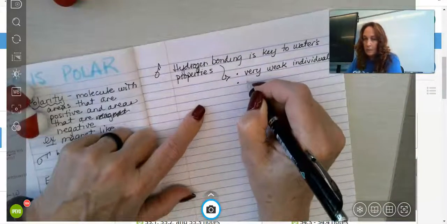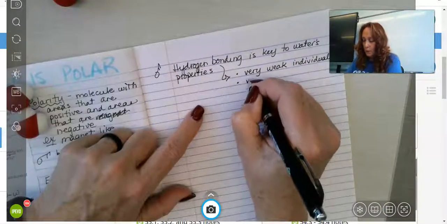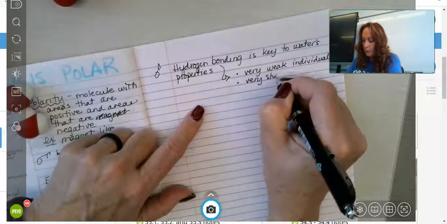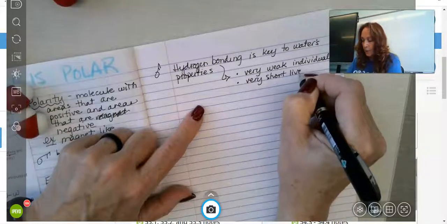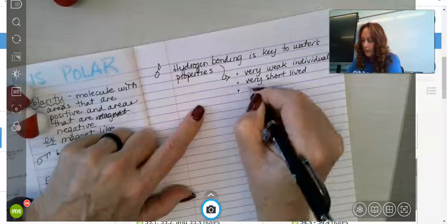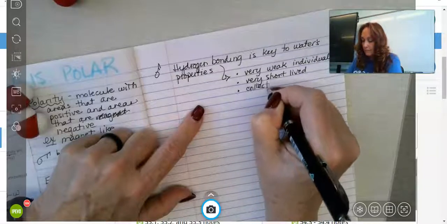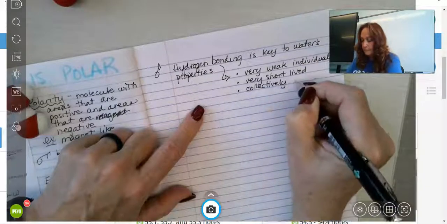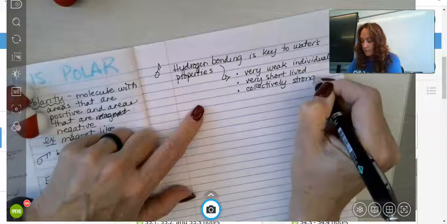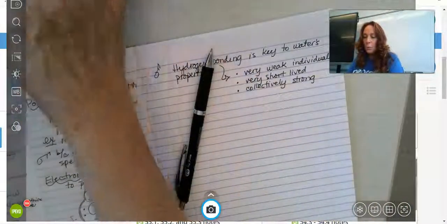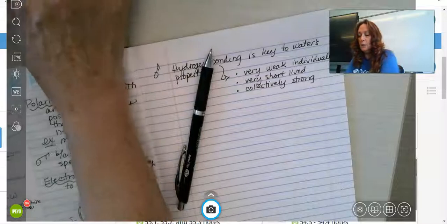They don't last very long, so they're very short-lived. They're made and they're broken, they're made and they're broken. But collectively, they're really strong. And they allow water, look at this is so weird.